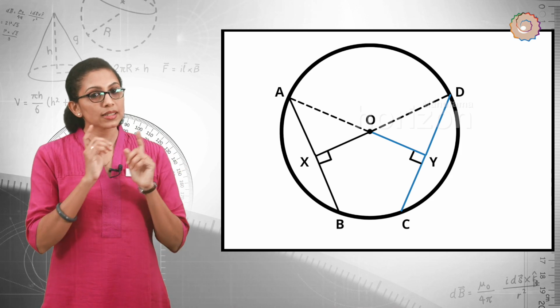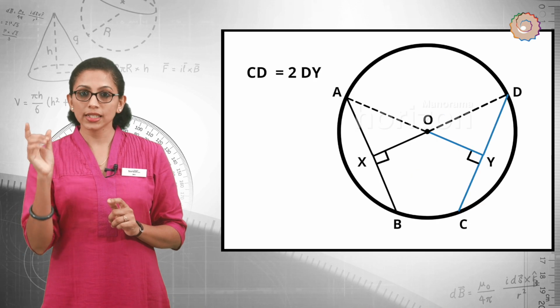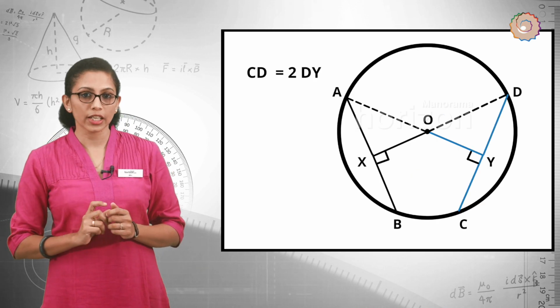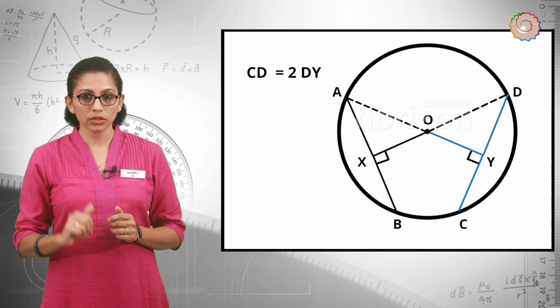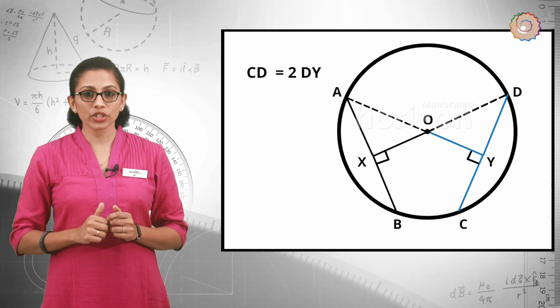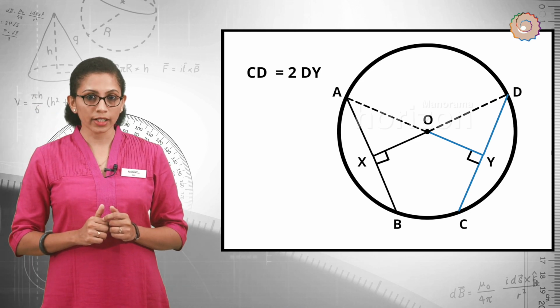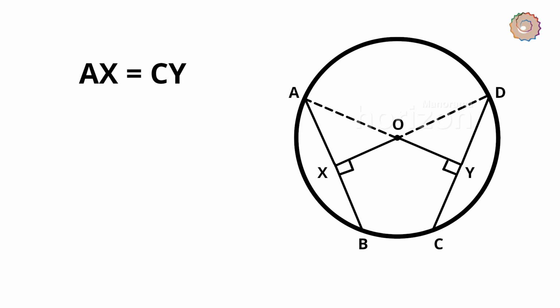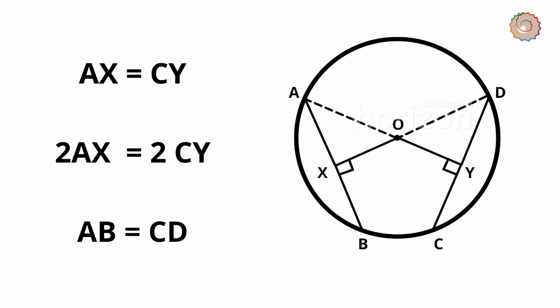So Y bisects CD, that is CD is equal to 2 times DY. Mark it as equation number 3. Now from equation 1, we can write AX is equal to DY, that is 2AX is equal to 2DY, or AB is equal to CD. How? From equation number 2 and 3. Hence proved.